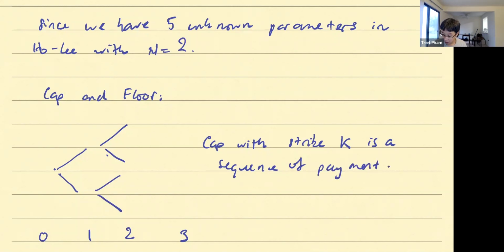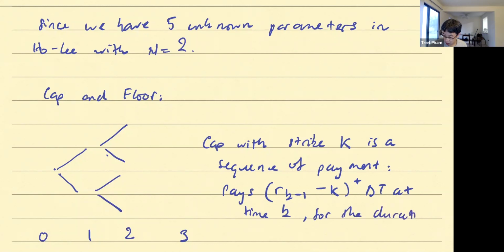It pays Rk minus 1 minus k plus times delta t at time k for whatever duration you want, for the duration of borrow or lend.